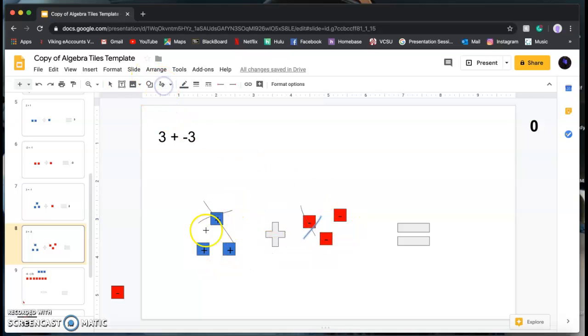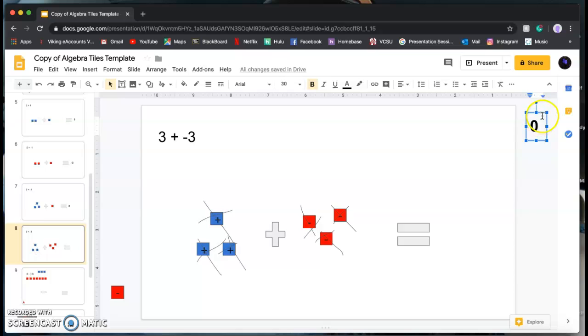I still have 2 left over that I can cancel out. Now I have a positive and a negative, and I can still cancel those 2 out. And now I have nothing left over. So my answer is going to be 0.